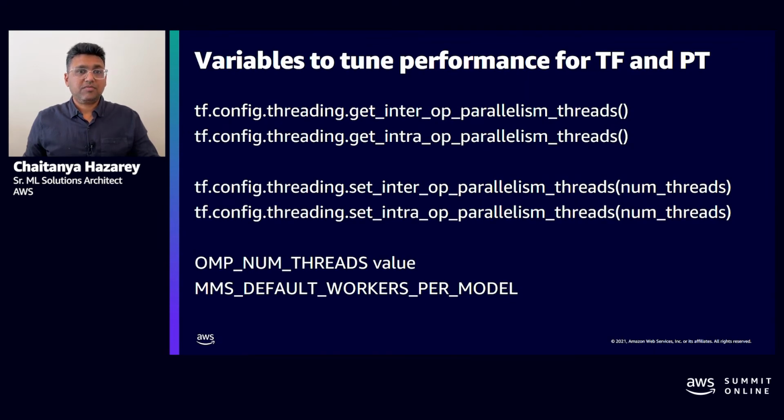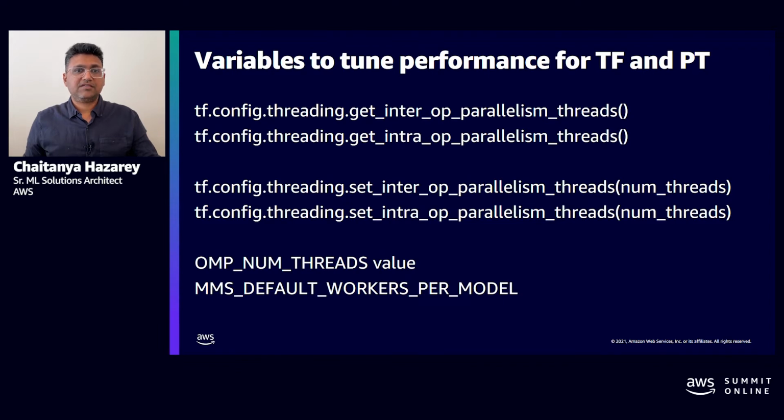To tune performance for your multi-model endpoint based in either TensorFlow or PyTorch, you have the following variables or settings or knobs. Interop parallelism threads. This variable determines the number of threads used by independent non-blocking operations. Intra-op parallelism threads.